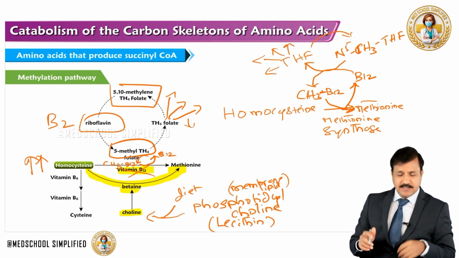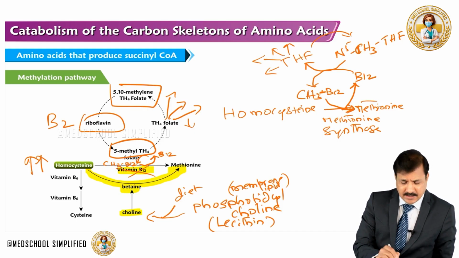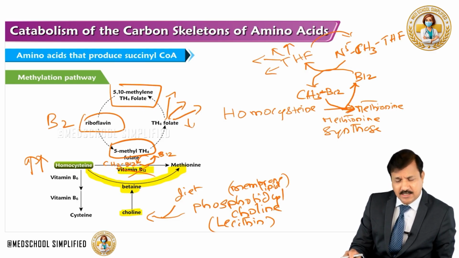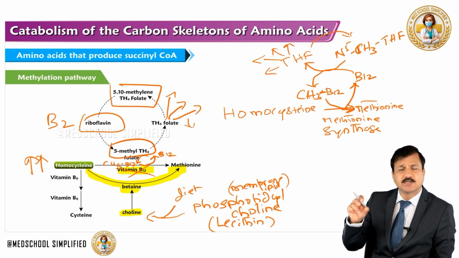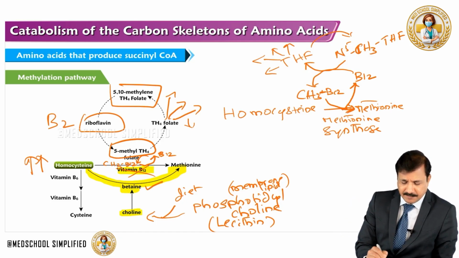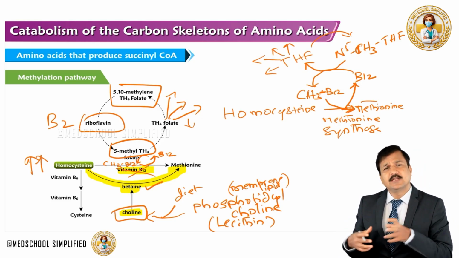So, whenever there is a deficiency of cobalamin or folic acid, that leads to increased accumulation of homocysteine in the tissue or cell, and some of that homocysteine can still be converted into methionine by using betaine. At that time, there is a consumption of choline, because to make more and more betaine, choline is consumed.